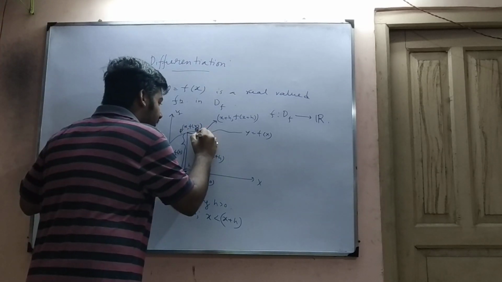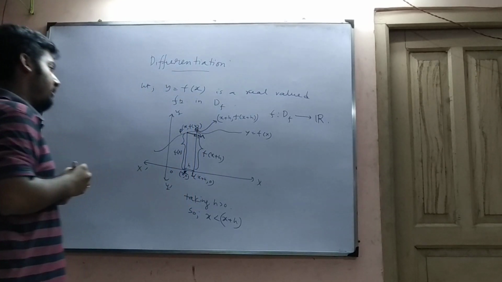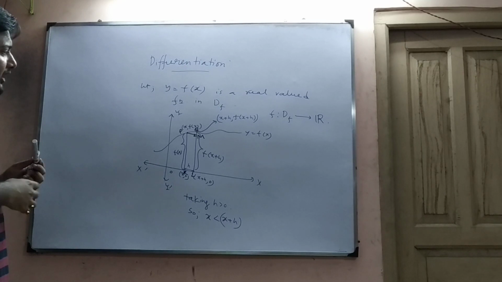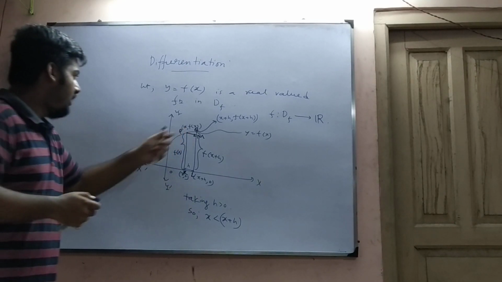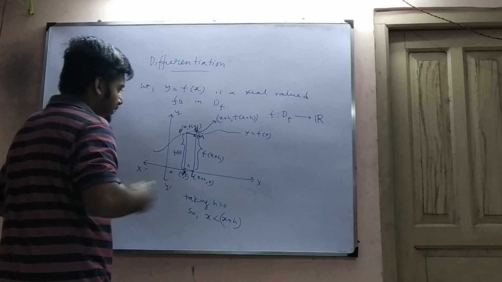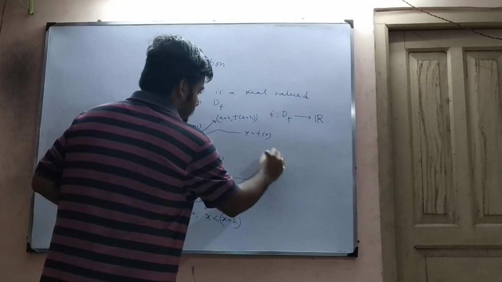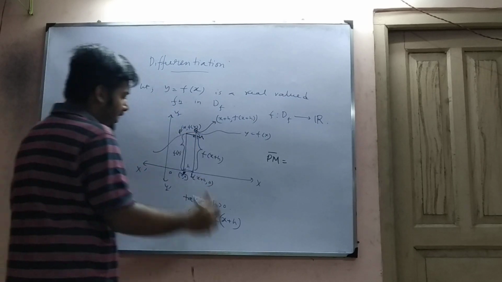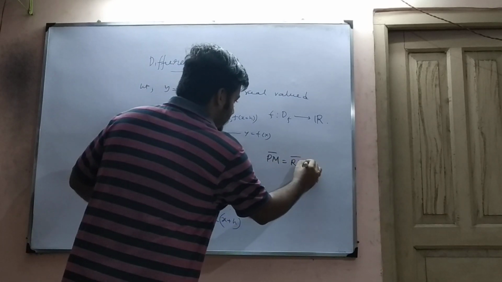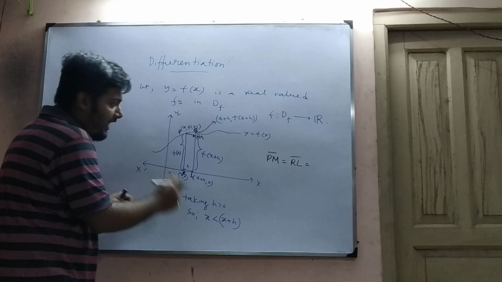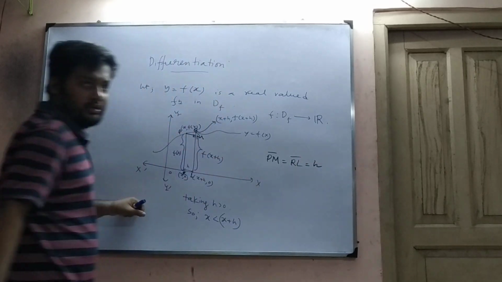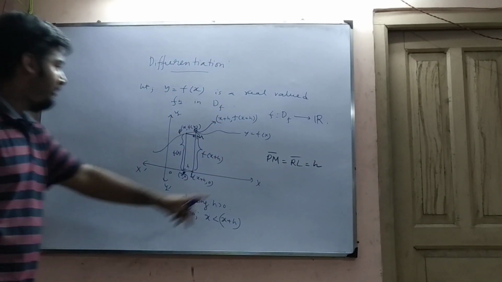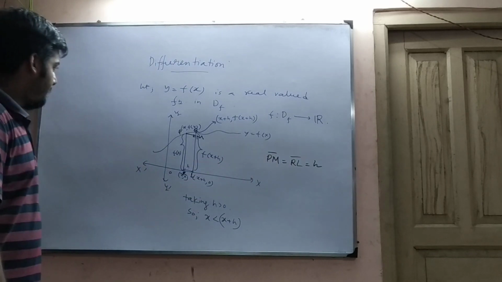And this point is nothing but M. So what you get? You get PM, that is nothing but RL, PM equal to RL, and RL is nothing but h.